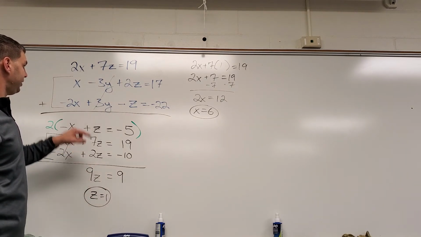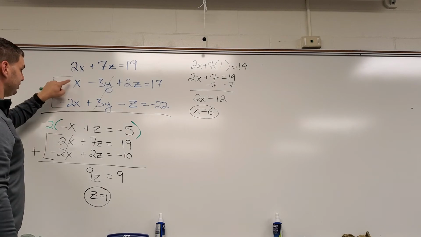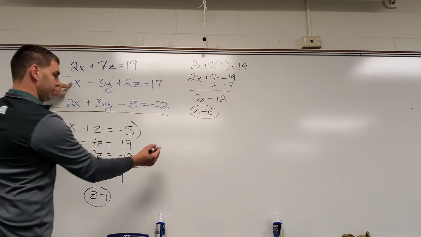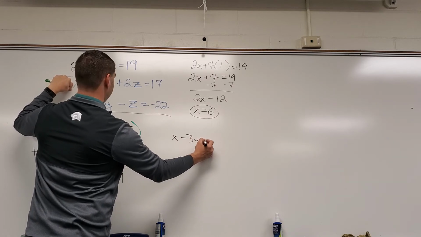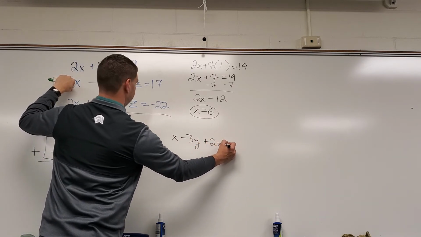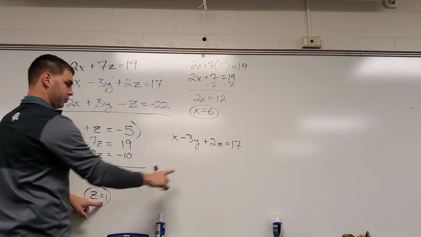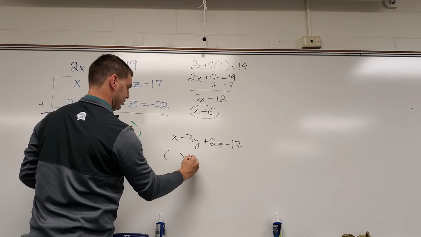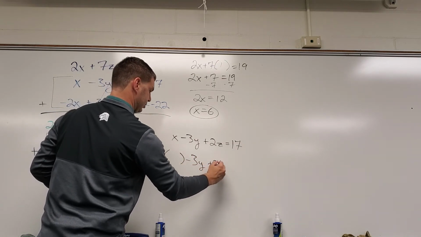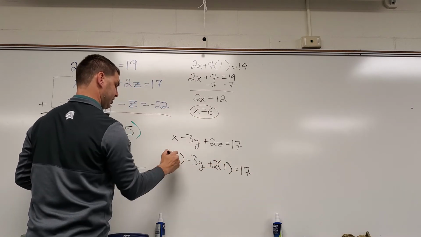Now I have x and z. The only thing that I need now is a y. So I'm going to go back to one of my two original blue ones. And I like this middle one just a little bit better, where it says x minus 3y plus 2z equals 17. And I'm going to replace z with 1 and x with 6. Okay, so z with 1, x with 6.